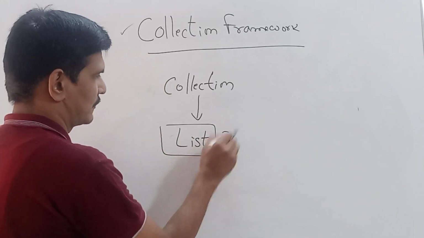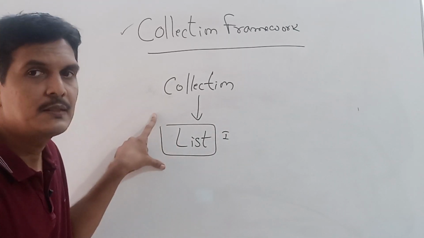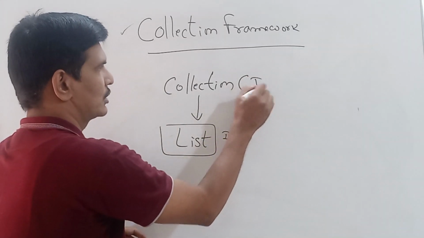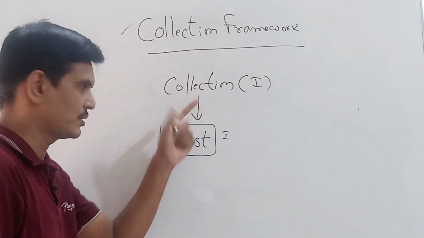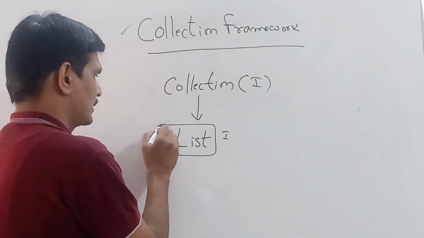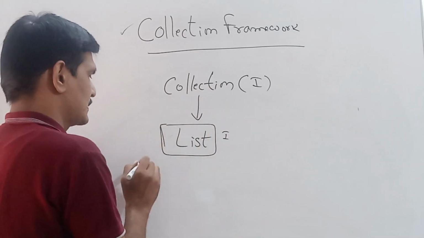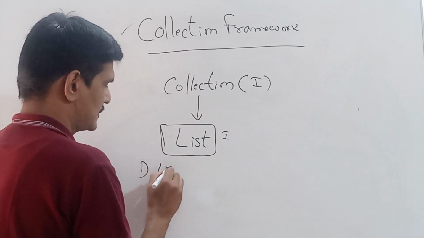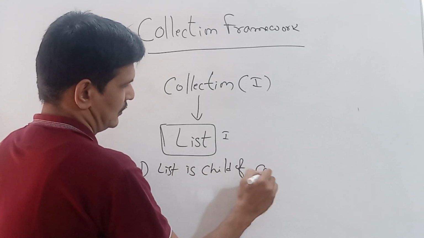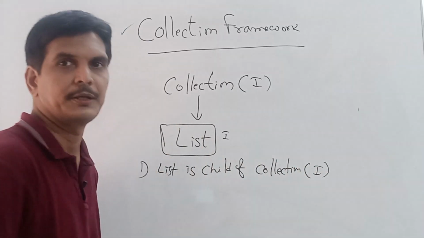The first point is that List is a child interface of the Collection interface, and whatever methods we have in Collection, the same methods are also available in the List interface.